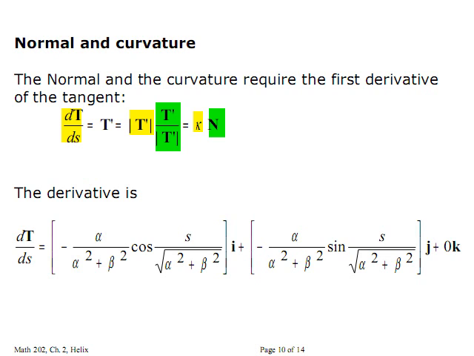So when we take this derivative, remember the z term was beta t in the k direction. The first derivative gave us beta, and now with this next derivative we end up with a 0, so we only have 2 terms, which is minus alpha over alpha squared plus beta squared times the cosine, and then minus alpha over alpha squared plus beta squared times sine.